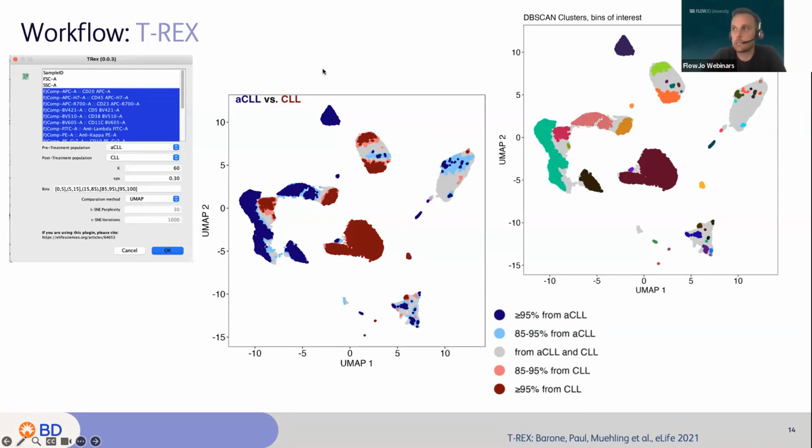So when you run that, it's going to give you this result, showing you that in these 2 conditions, ACLL and CLL, those clusters right here in dark blue are represented by 95% from the ACLL cells, compared to the red ones, which are represented mostly by the CLL cells.